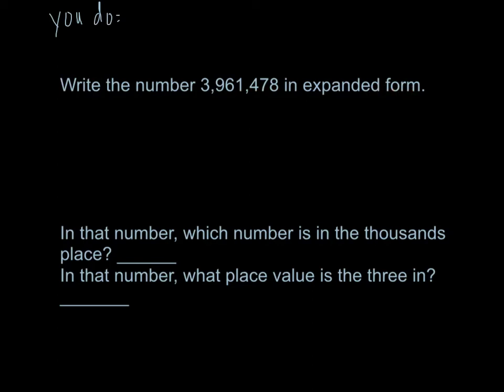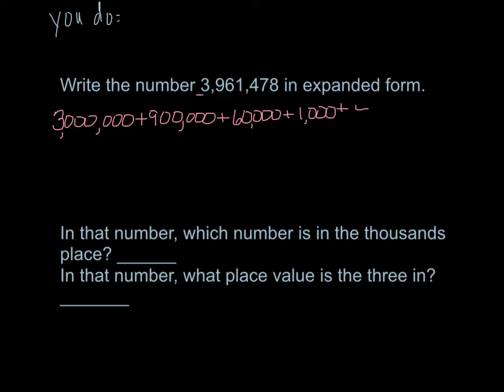So I'm going to write 3 million, oops, I needed a comma there, 3 million, because 3 is in the millions place, plus 900,000 plus 60,000 plus 1,000 plus 400 plus 70 plus 8. That's expanded form, just so you can see just how much value each of those numbers has and their place values.